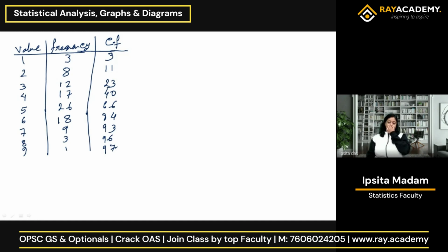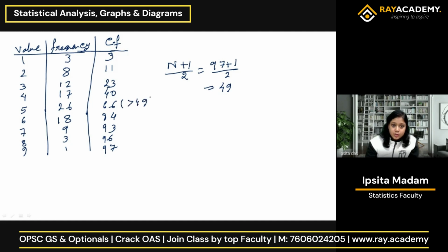After this you take (n plus 1) by 2, that is (97 plus 1) by 2, 49. Which cumulative frequency is just greater than 49? 66. So the corresponding value will be the median. The value corresponding to 66 is 5. So the median will be 5.